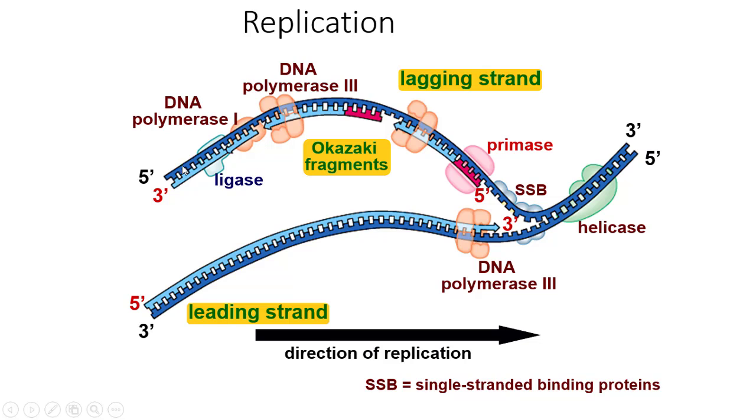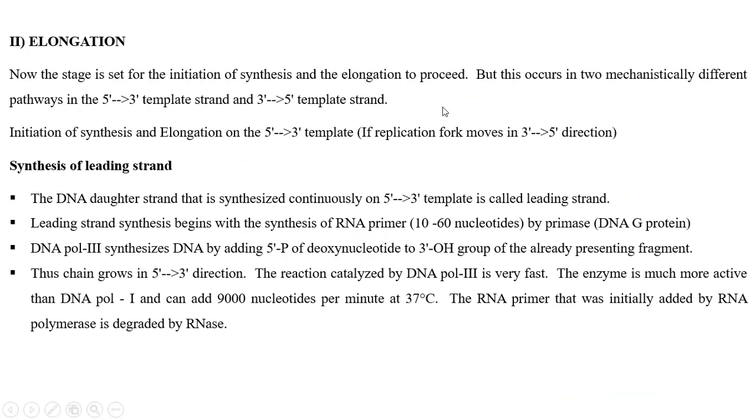Here the lagging strand is opposite to the helicase activity. So there are so many primers required for synthesizing daughter DNA in a discontinuous manner. It is called the lagging strand. So the leading strand synthesis begins with an RNA primer.